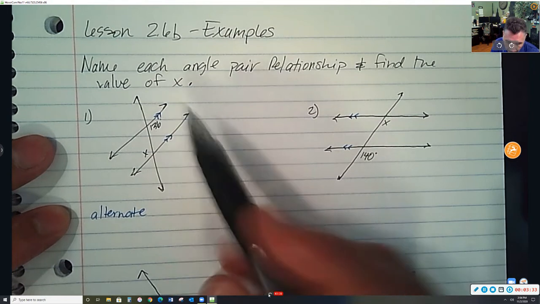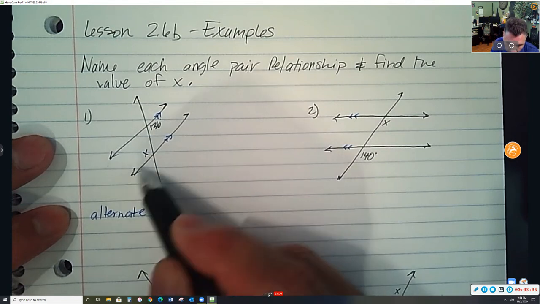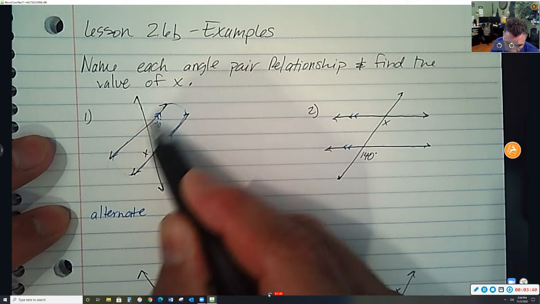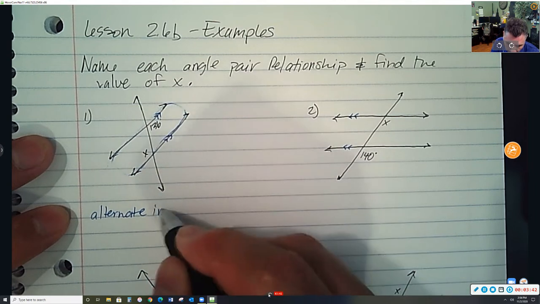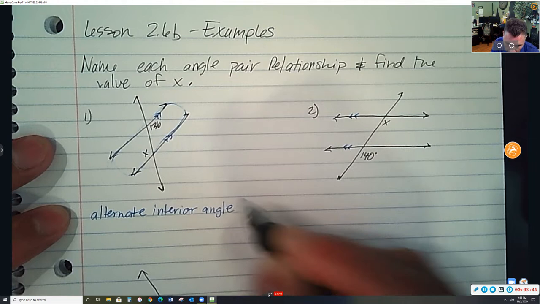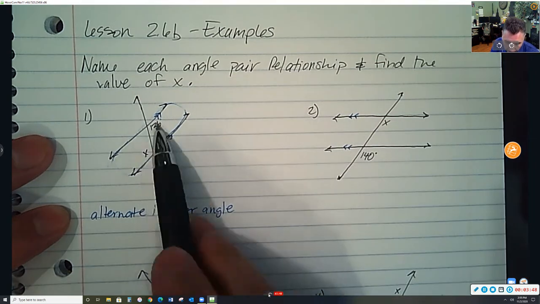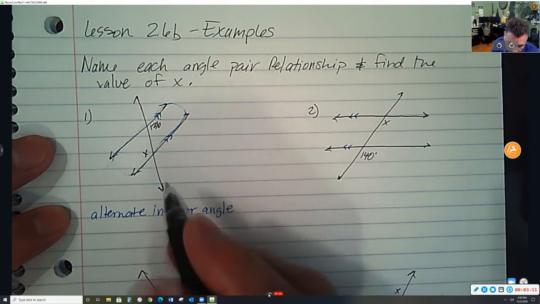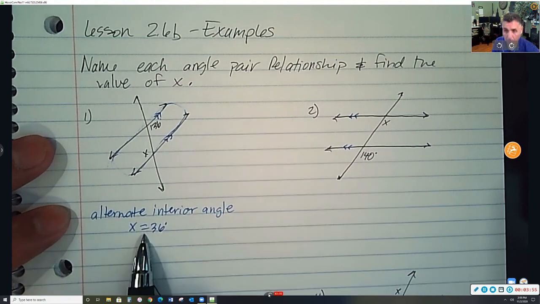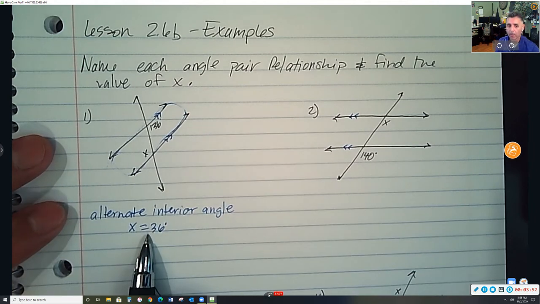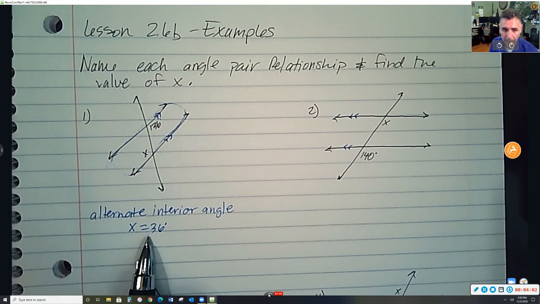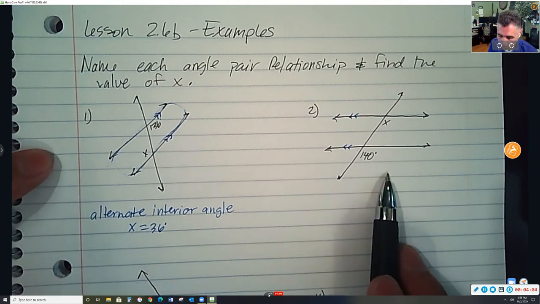And they're both interior to these lines, or to my band-aid shape. Okay? So they're alternate interior angles. And I just found out these alternate interior angles are congruent. So I know x equals 36 degrees. Congruent just means equals. Okay? So that's all we did there. That's the answer. Let's go to the next one.